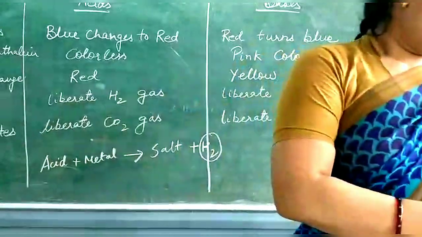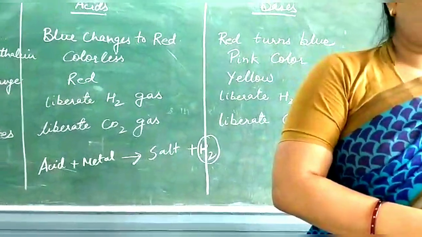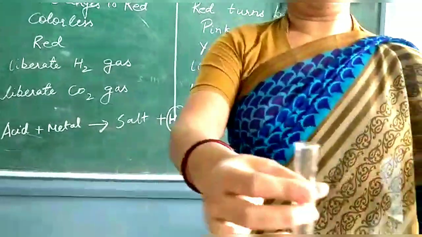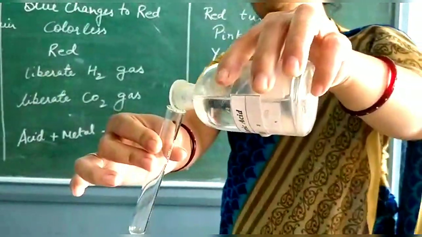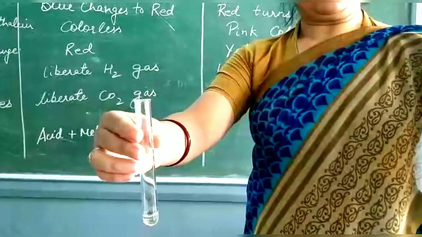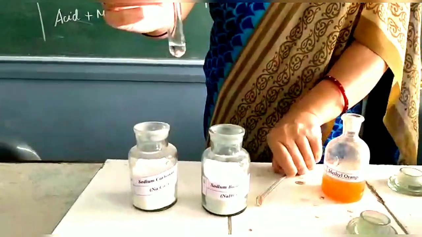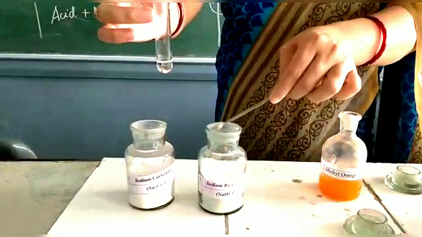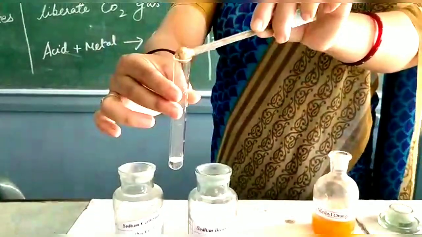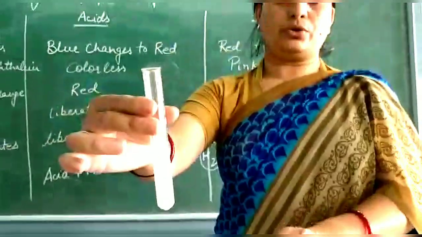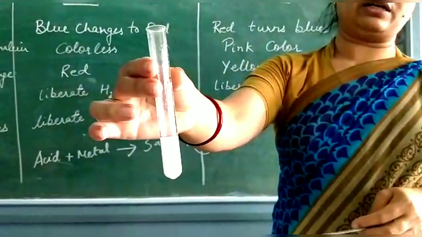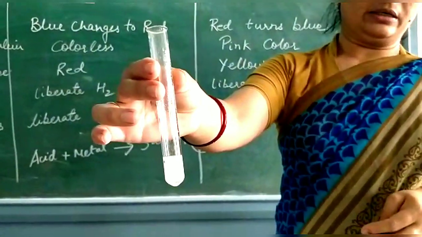I'm taking a small amount of acid, I'll add it, and then I take bicarbonate. Adding bicarbonate, again as it has CO2, you can see this effervescence comes out so suddenly.